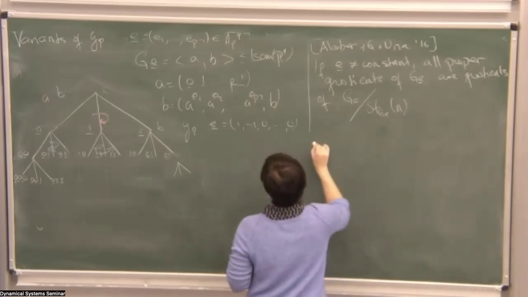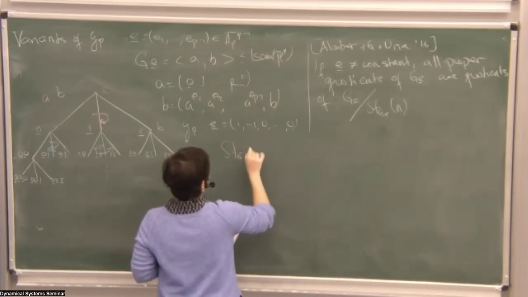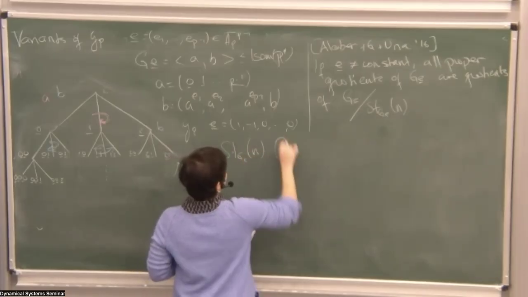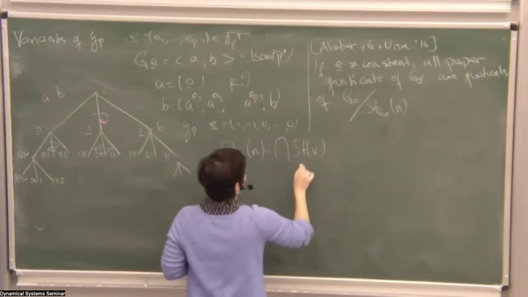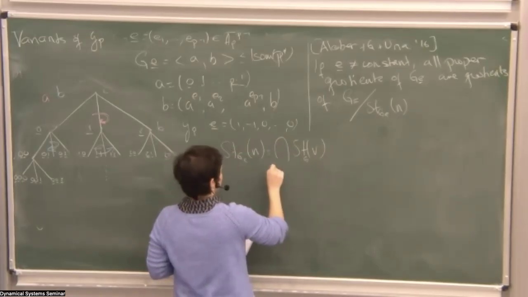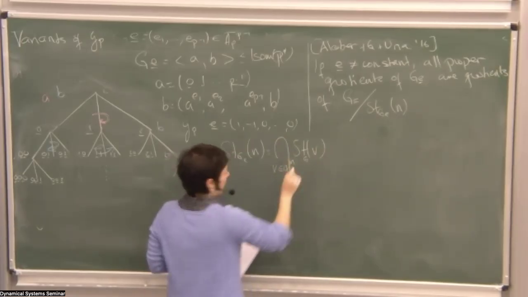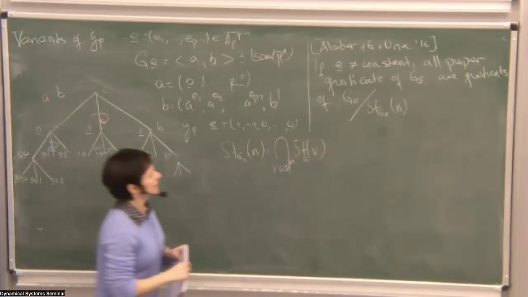So the stabilizer in G of level n is the intersection of all stabilizers of words of length n, as you might expect.